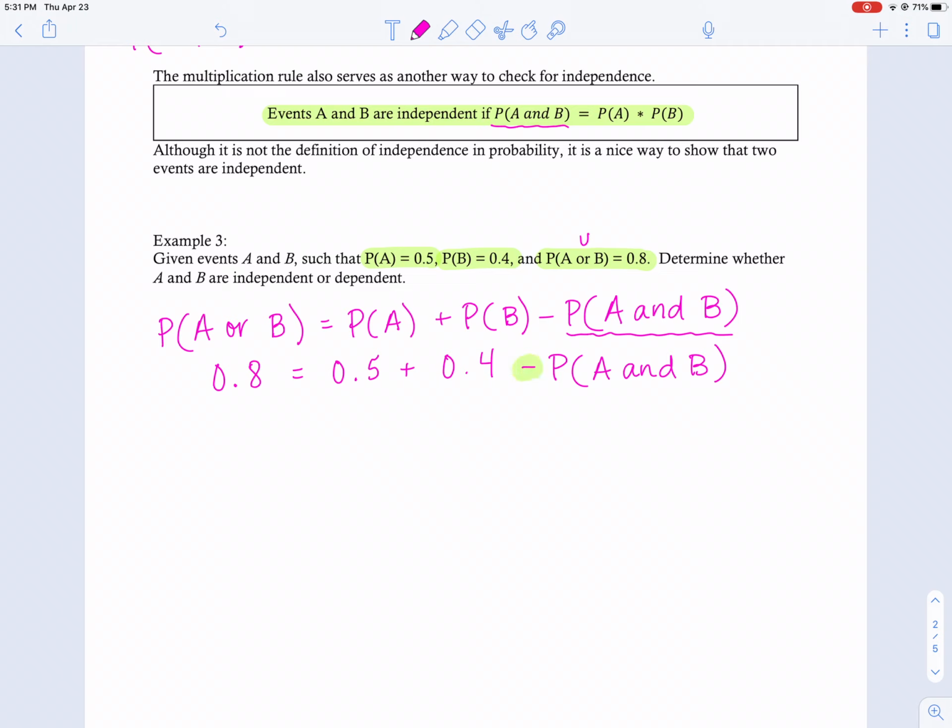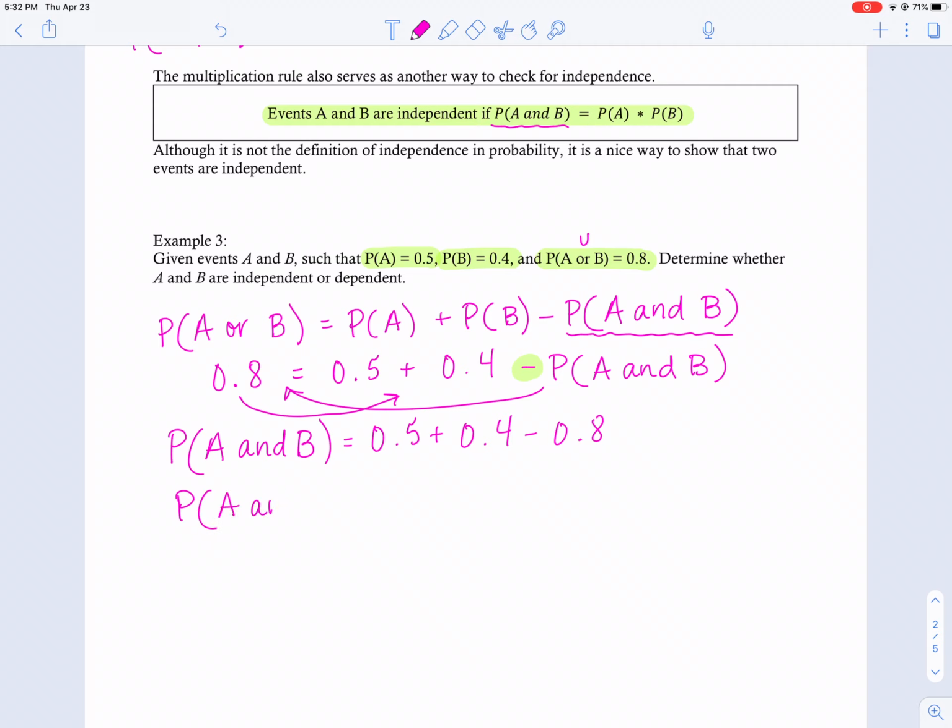If I move it to the other side here, I now can solve for the probability of A and B. And that would be 0.5 plus 0.4 minus 0.8 because I'm going to move this guy to this side, but I'm going to move the 0.8 to the other side. So the probability of A and B would equal 0.1.